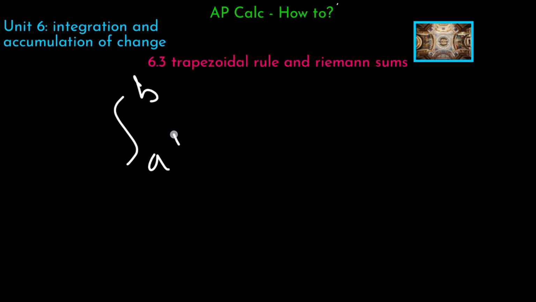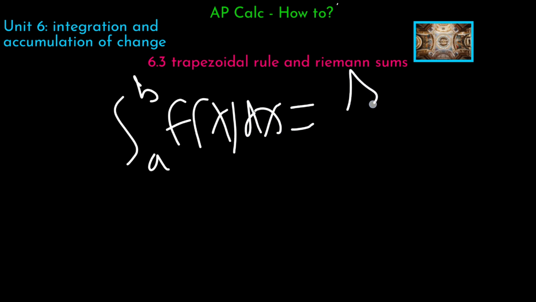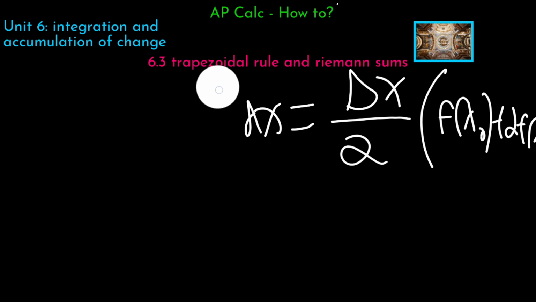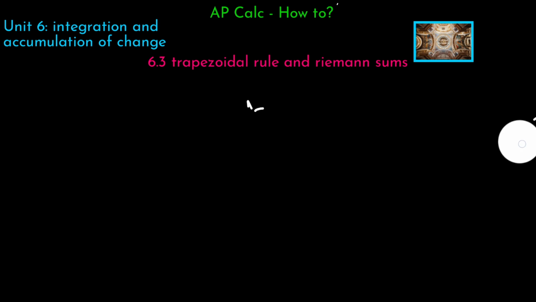The integral from a to b of f of x dx equals delta x over 2 times your f of x naught plus 2 f of x 1, and then 2 times the rest. So let's dive into our example. This might be confusing.